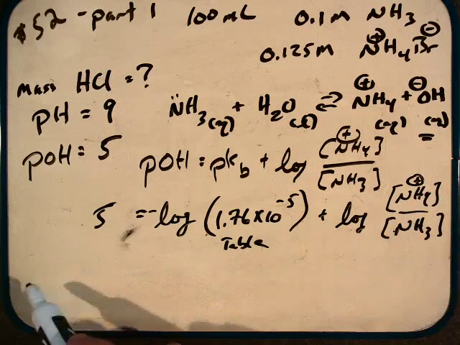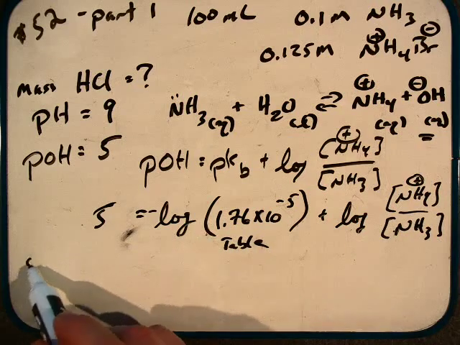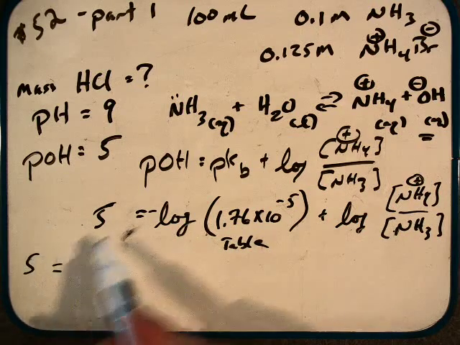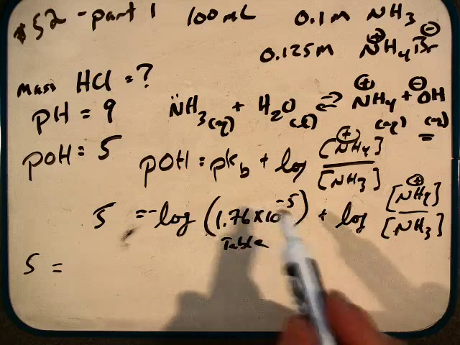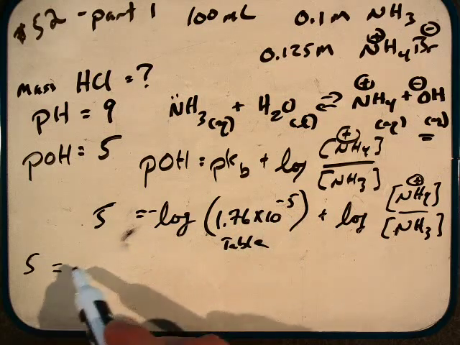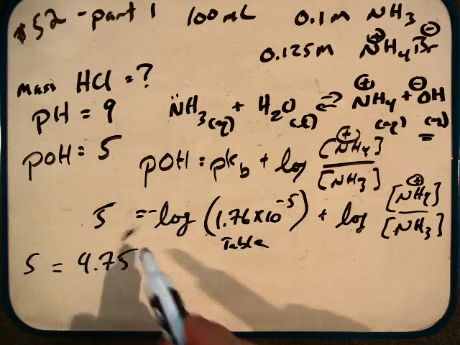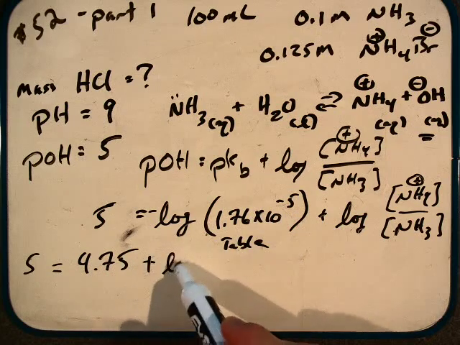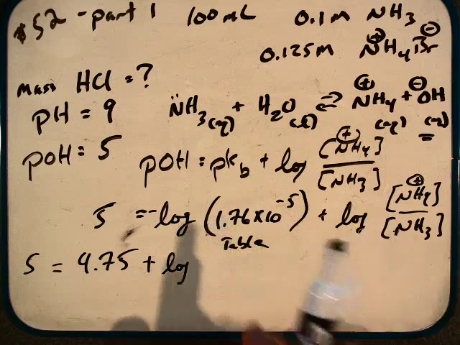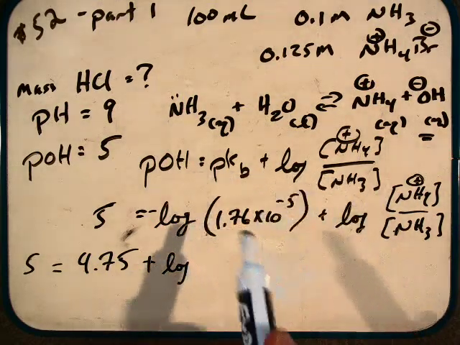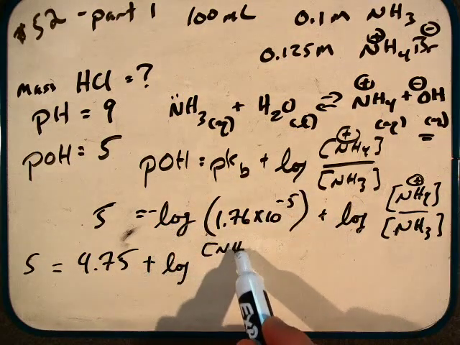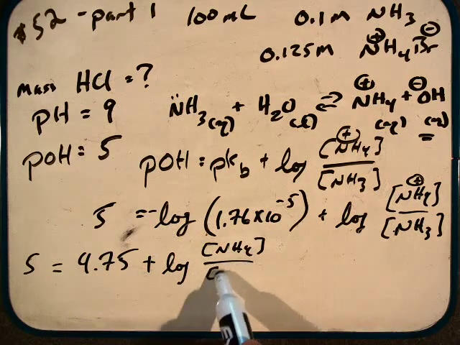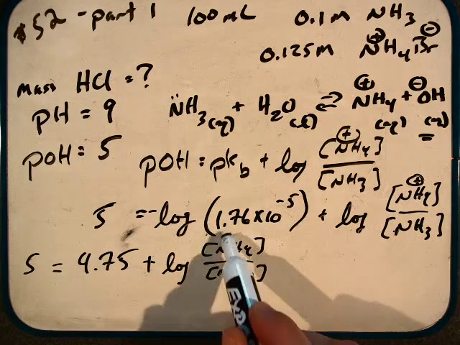If we go a little bit further, our 5 equals the negative log of our Kb, and that value is 4.75, plus the log of that ratio of conjugate to parent.